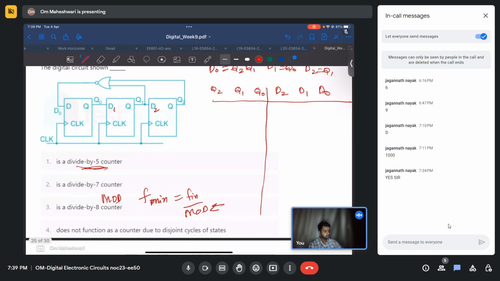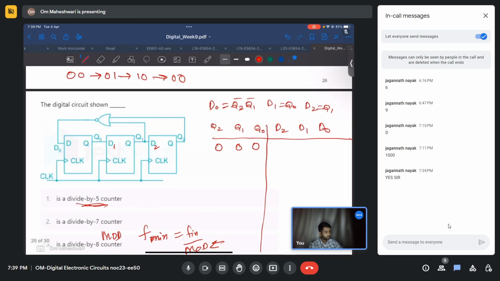Right? So we start with 0 0 0. D1 is Q0, D2 is Q1, D0 is Q2 bar Q1 bar, that is 1. Then we know Q n plus 1 equals D for D flip flop. So these states will go here. We will have 1 0 0.